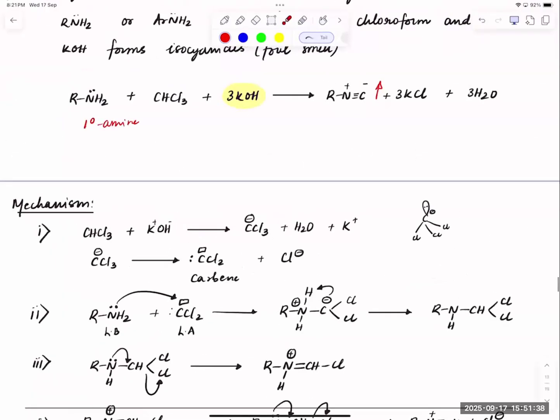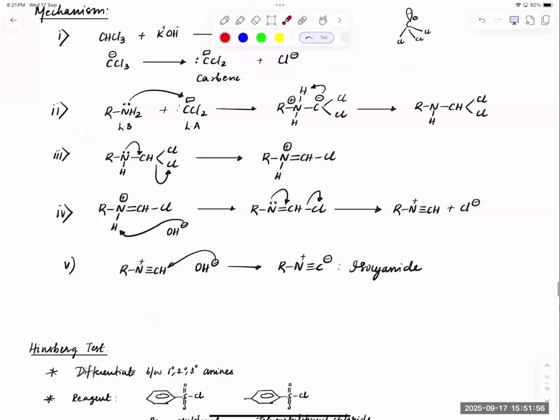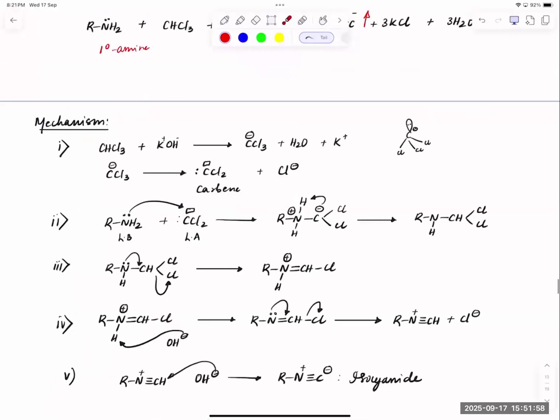See, isocyanate is a very foul smelling gas or foul smelling vapors. And once you get that foul smelling vapors out of the test tube, it gives the confirmation that what we are doing is for primary amine. It is not compulsory that this has to be only alkyl or aryl primary amine.